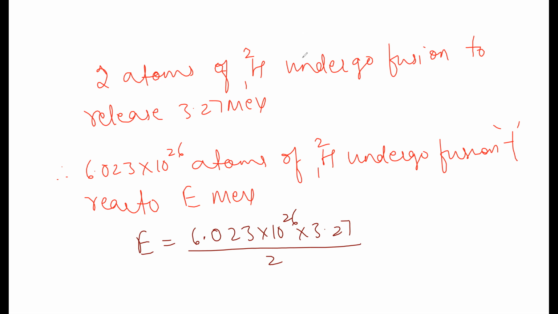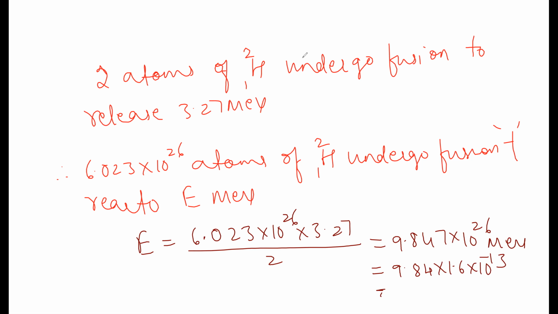So then we get 9.847 into 10 to the power of 26 mega electron volt. To convert to joules, multiply by 1.6 into 10 to the power of minus 13, so we get 1.57 into 10 to the power of 14 joules. We converted mega electron volt into joules.